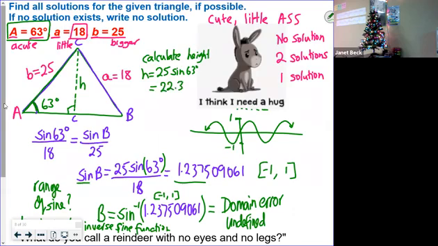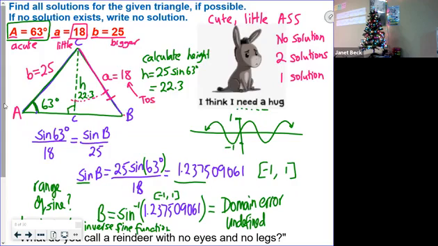That will do. If the triangle's 22.3 tall, and you were drawing a side that was only 18 long, can it reach the bottom corner here? It's shorter, that's 22, 18 would be about here. There's no way it can reach this vertex down here. This is too short.